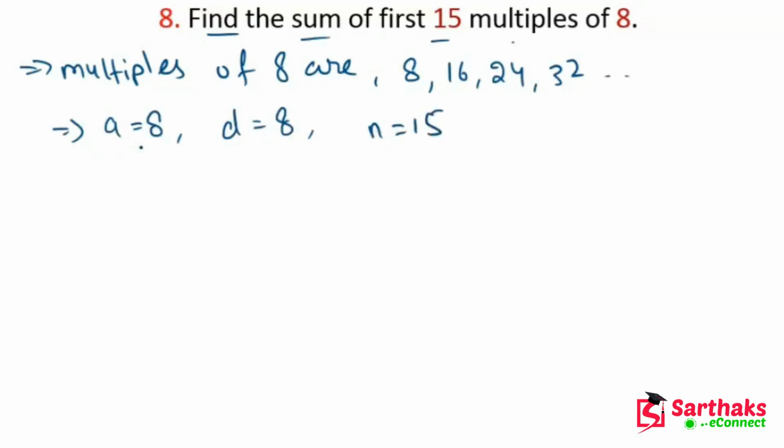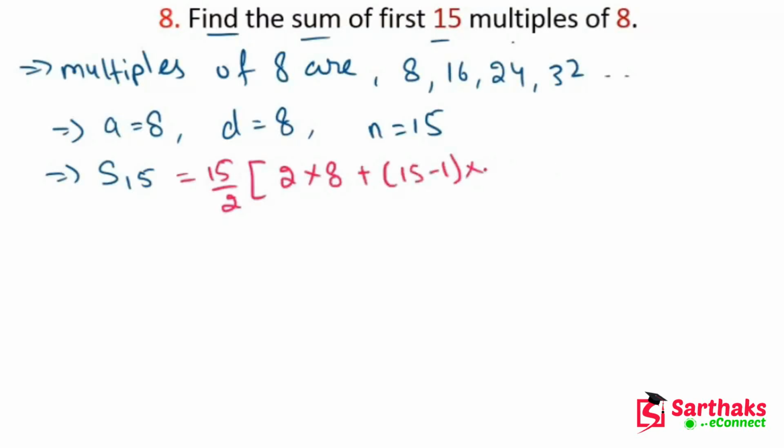Now we have to find S15, which we can find very easily. S15 is equal to 15 upon 2 into 2 into A, means 2 into 8, plus 15 minus 1 into D. D is 8.